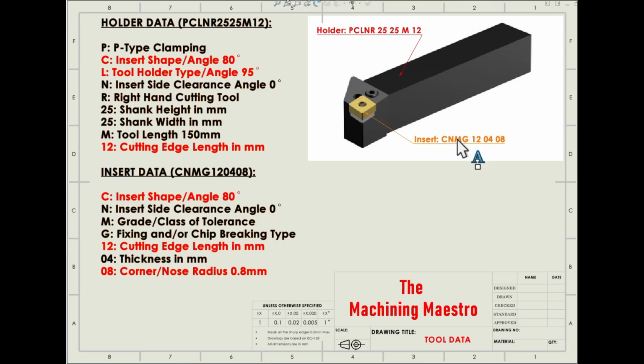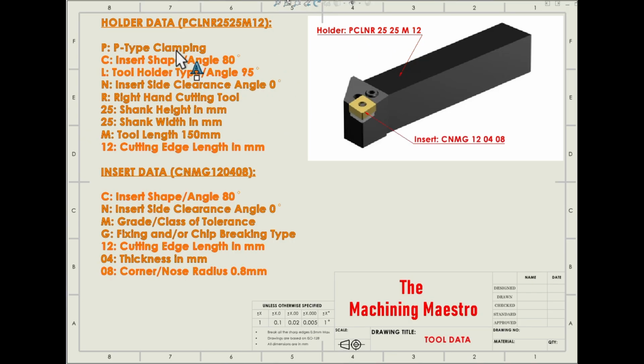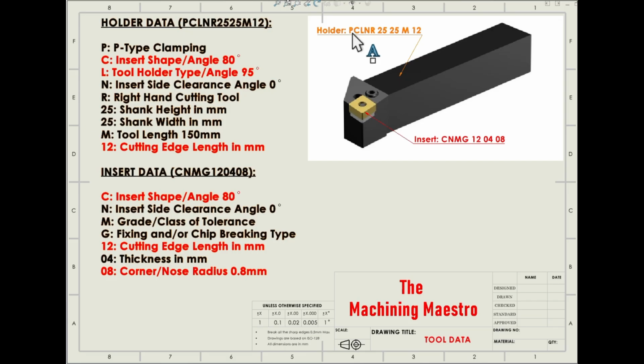This designation has some meaning, which I have briefed you on the left side. And here is the meaning of this designation. The meaning of P is the clamping type, which is P type clamping, and there are various kinds of clamping, P is one of them.